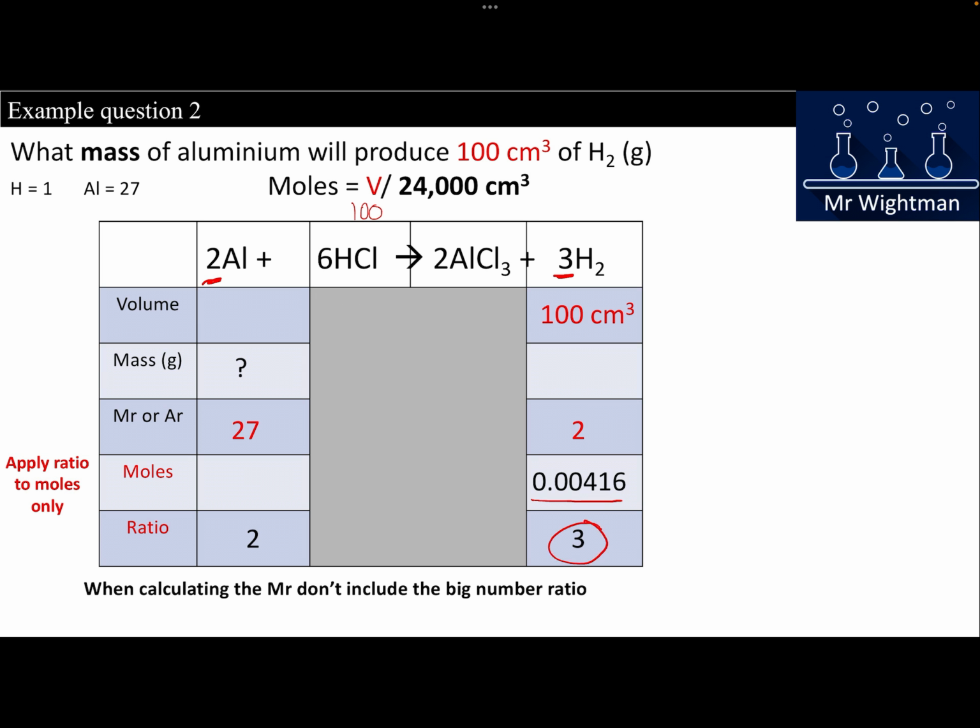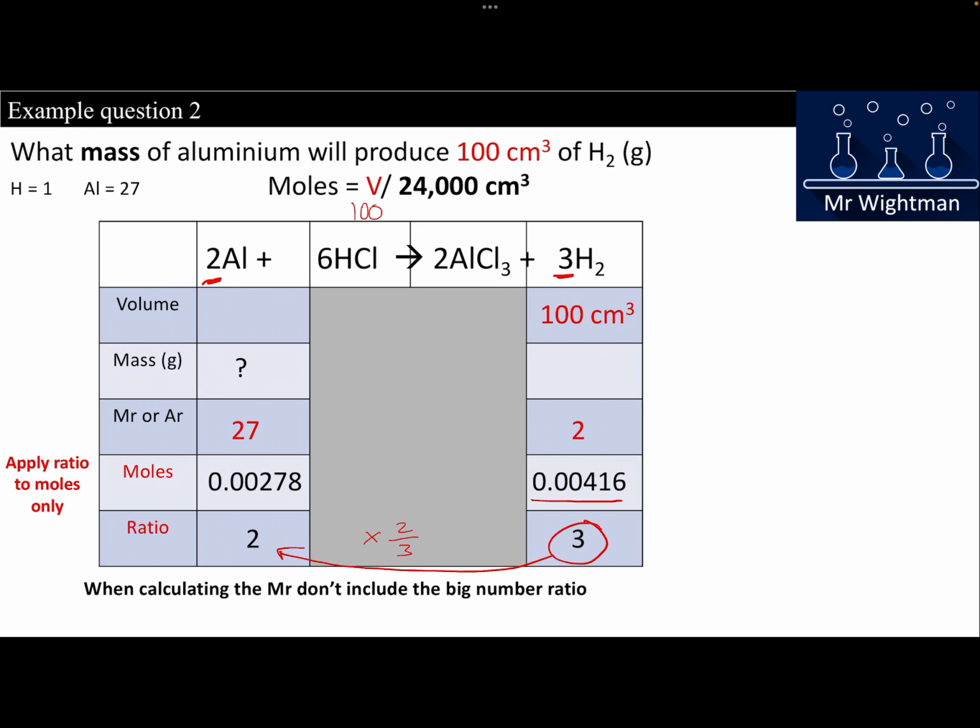So to get one part, 0.00416 divided by 3. To get 2 parts, then times by 2. So 0.00416 times by 2 over 3 will give me the amount of aluminium moles at being 0.00278.